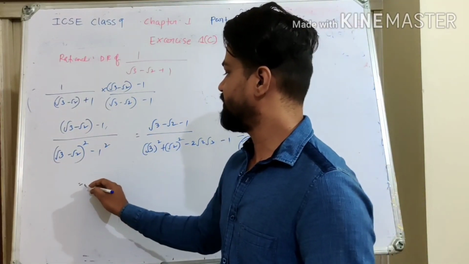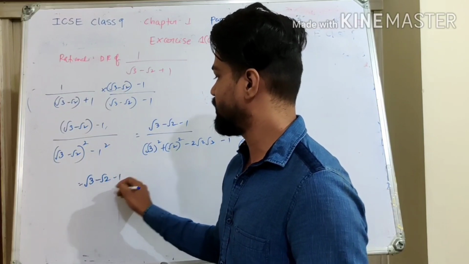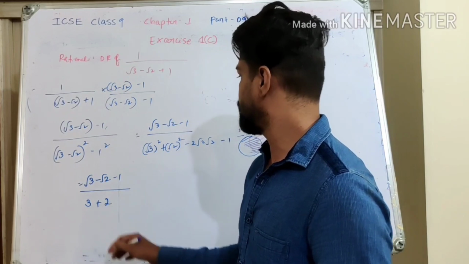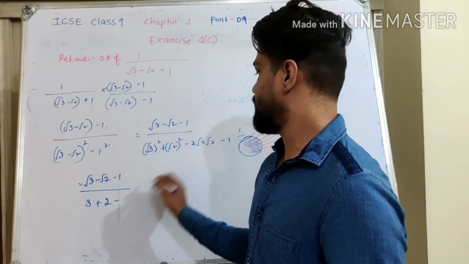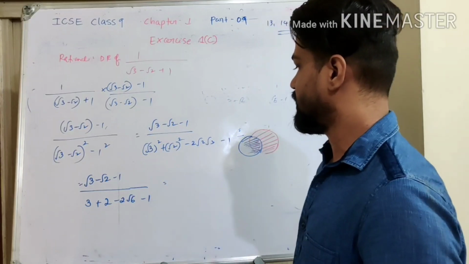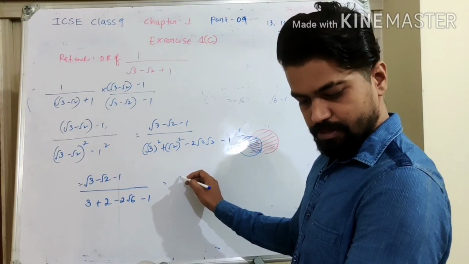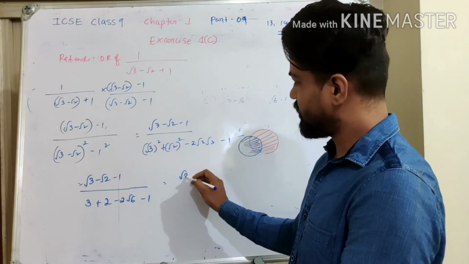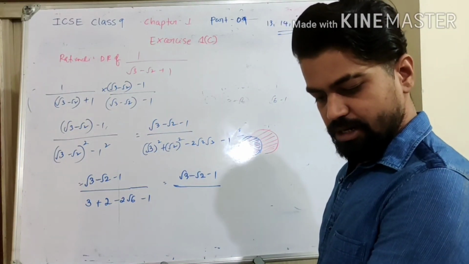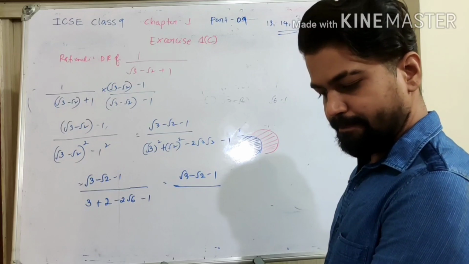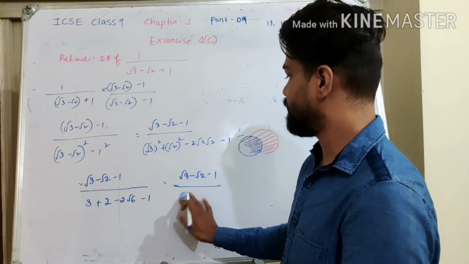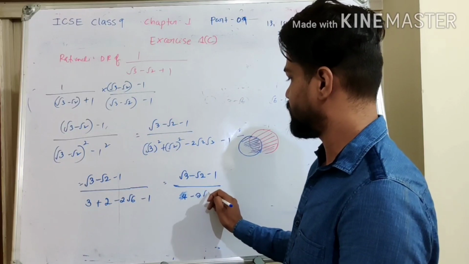Okay, so we end up with root 3 minus root 2 minus 1 divided by 3 plus 2 minus 2 root 6, minus 1. So we still end up with the numerator as root 3 minus root 2 minus 1 as it is, but the denominator is going to be 5 minus 1, 4 minus 2 root 6.